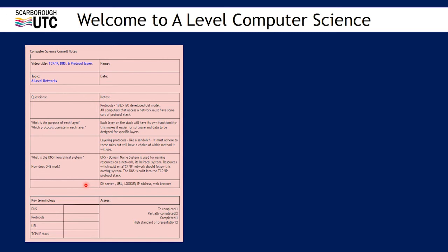I'll say, this week we're going to be learning about DNS, or about networks, and you'll need to come to the lesson with that knowledge, so we've got more time in lesson to go over misconceptions. This is called the flipped learning approach, and Cornell note-taking is a really good way of retrieving that knowledge over and over again.